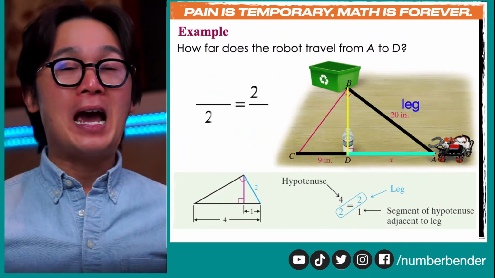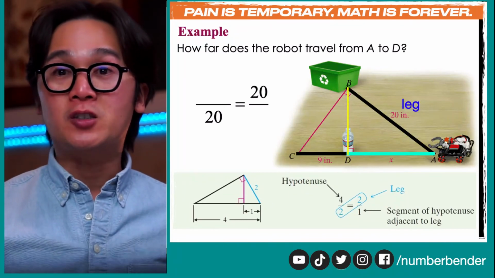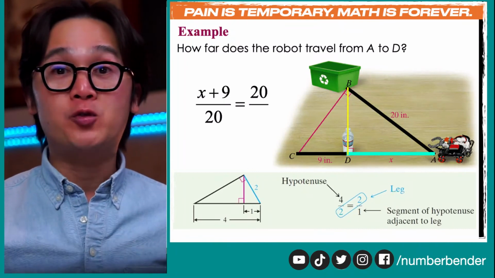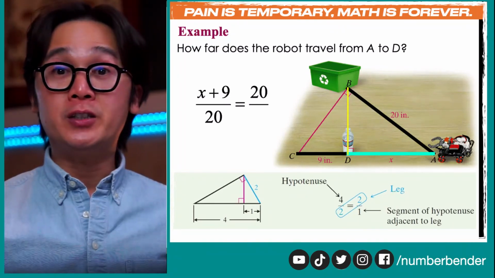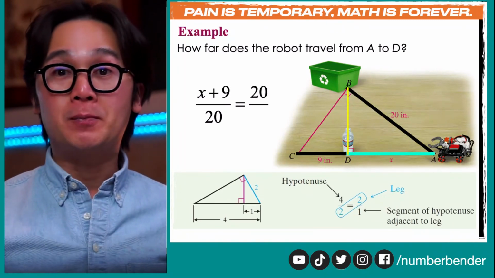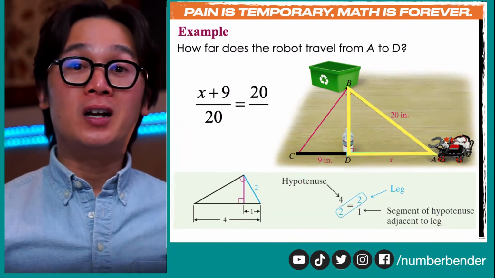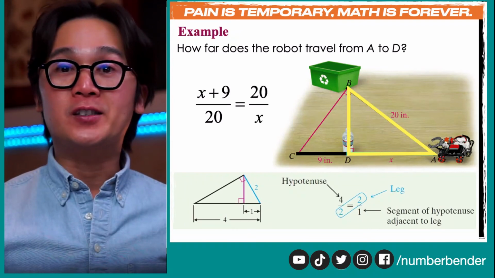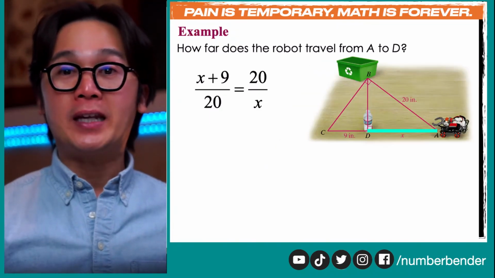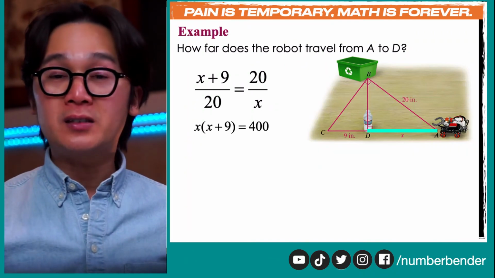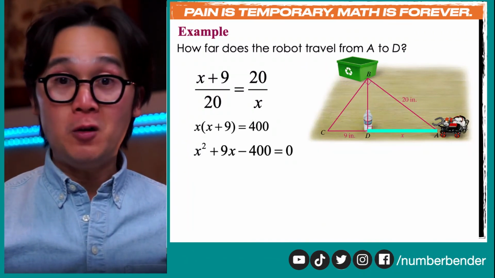So we know that our geometric mean is going to be 20, and our extremes will be based on our right triangle: the hypotenuse of the main triangle is x plus 9, and the hypotenuse of our little right triangle is going to be equal to x. From here, we're able to produce our equation by using cross products and setting our equation to 0.